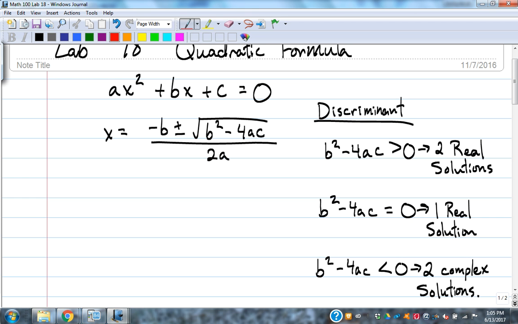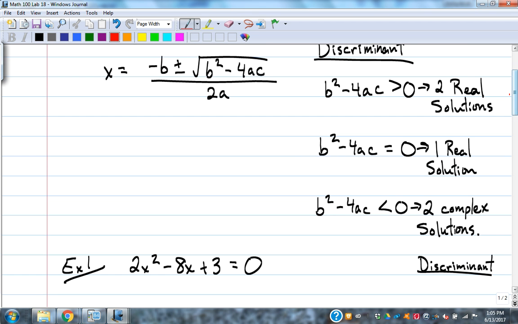If it is equal to 0, then there will be 1 real solution. And if it is less than 0, meaning it's a negative number, then you're going to have 2 complex solutions to that quadratic.